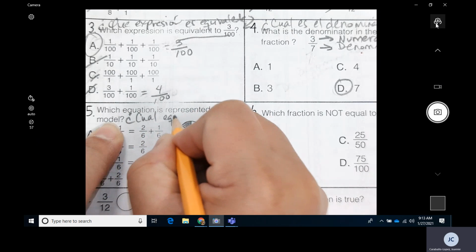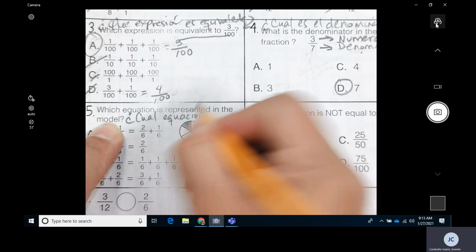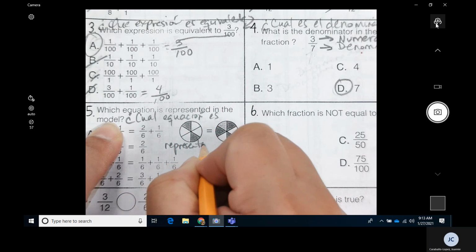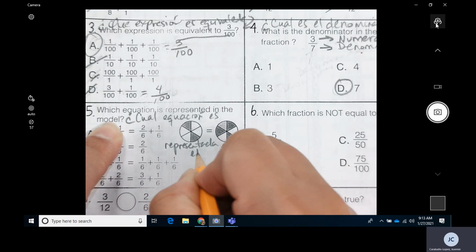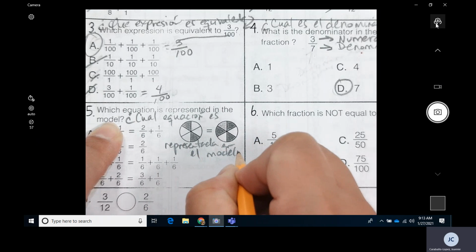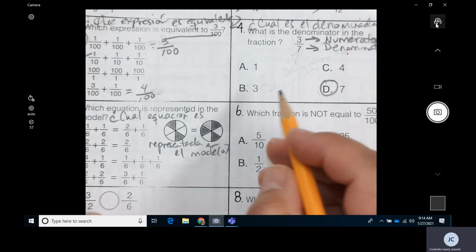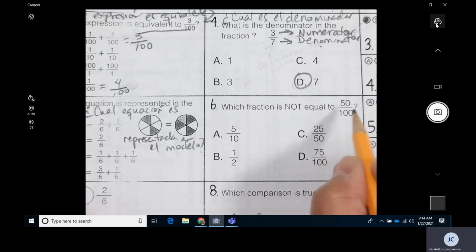¿Cuál ecuación es representada en qué? En el modelo. Excelente. Aquí tengo los mejores traductores, mejor que Google Translate, ¿ok? ¿Cómo se traduce esta? Which fraction is not equal to 50 hundredths?